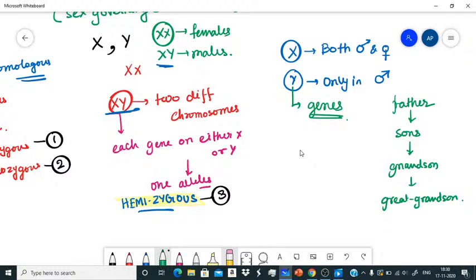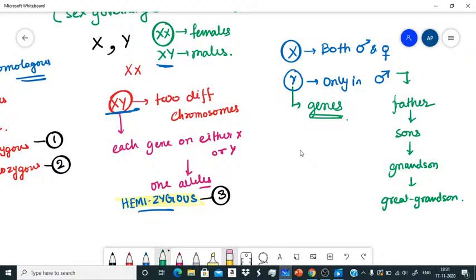So the Y chromosome can be only passed on by males in the family.